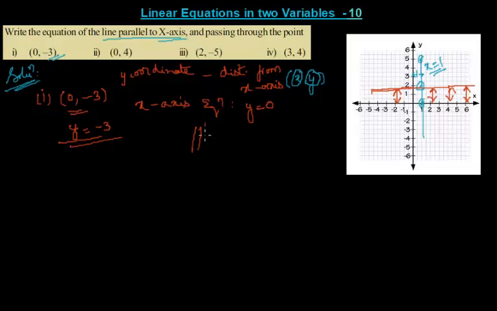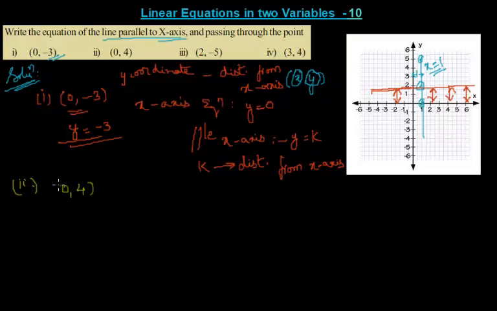Any line parallel to x-axis will have an equation of y is equal to k, where k is a constant and k indicates the distance from x-axis. Now let us see the second point. The second point is 0, 4.